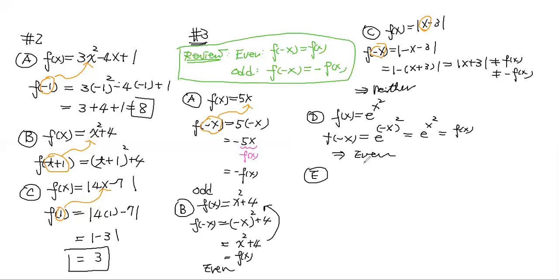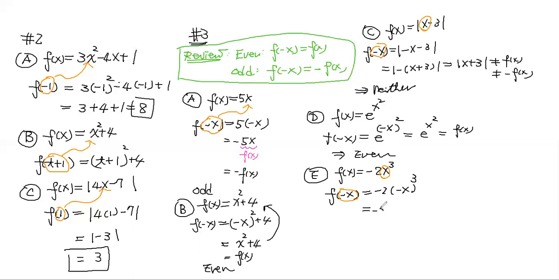For part e, f of x is equal to negative 2 x cubed. Okay, so you will say, like always, start with negative x. Remember that you replace your x with negative x here. So this is negative 2, and this is negative x to the what power? The cube, right?